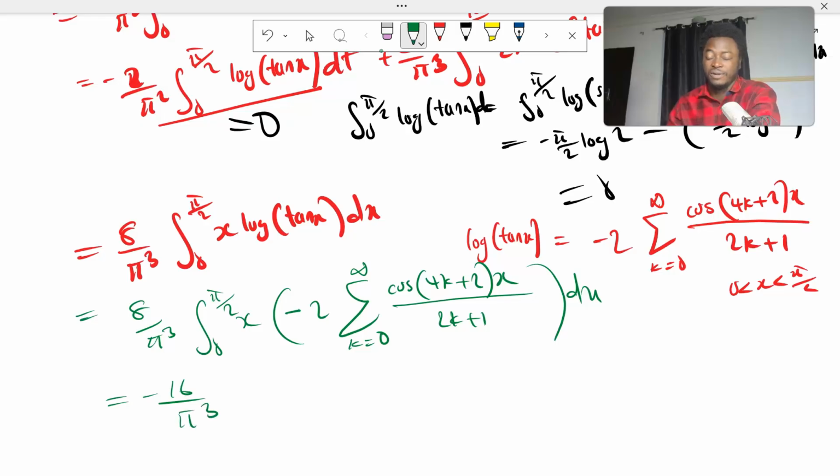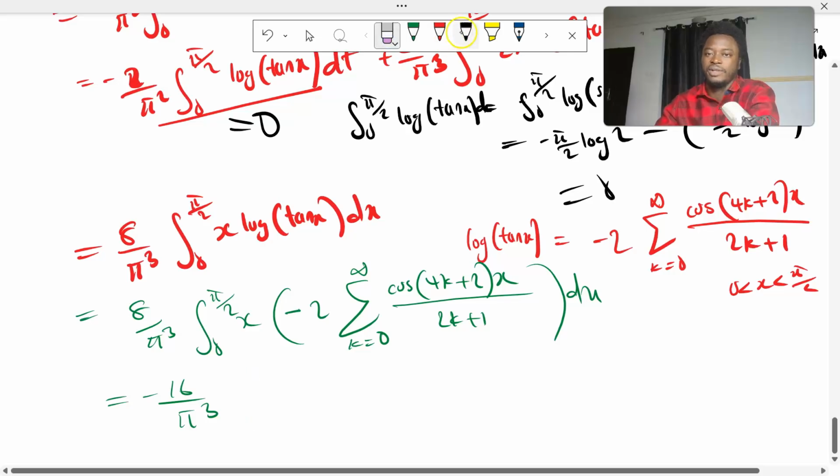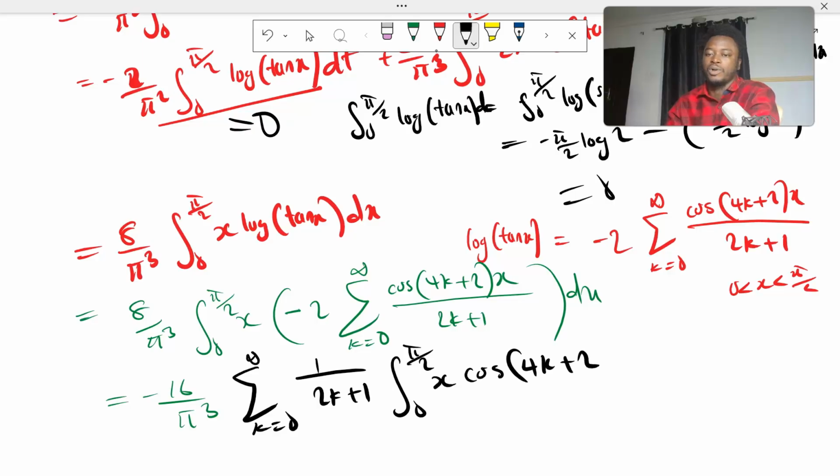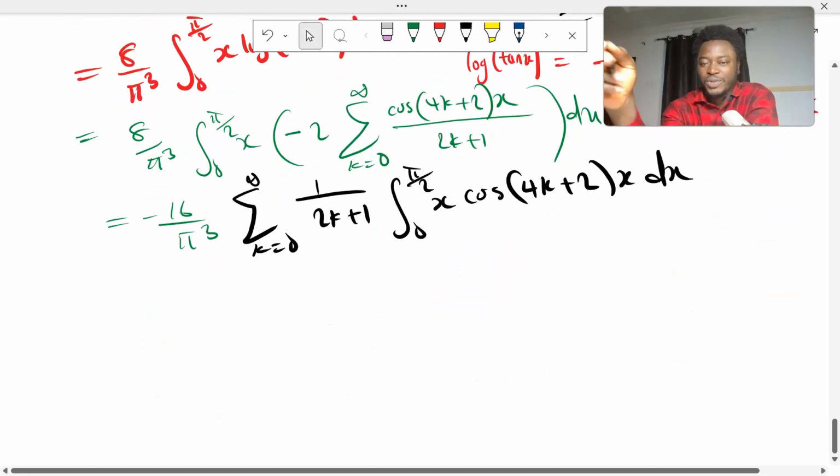Then you have the sum from k equals 0 to infinity of 1 over 2k plus 1, then the integral from 0 to pi over 2 of x times cosine of (4k plus 2)x dx. Now the task is computing this integral and hopefully computing the sum we get.